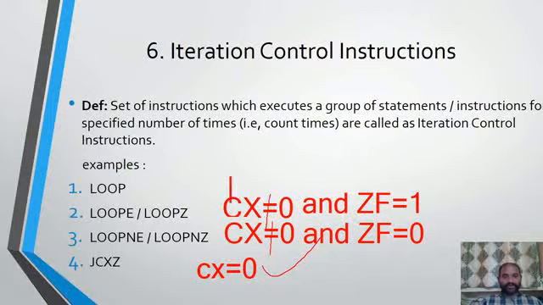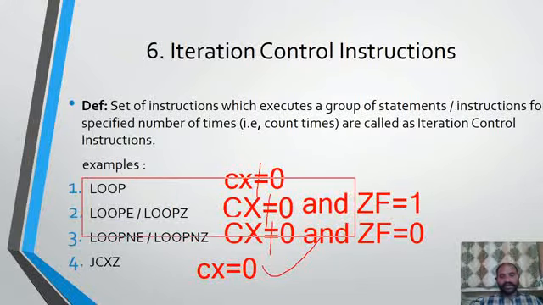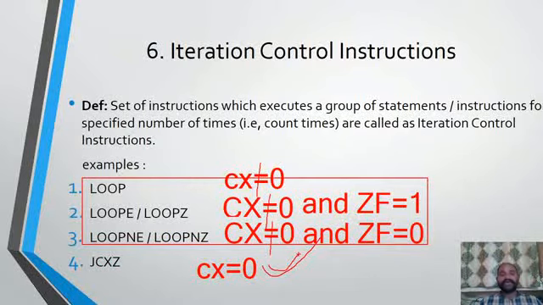So the first three instructions work based on the CX content being non-zero, but the fourth instruction jumps on 0, on the CX content being 0. Whenever the CX content is not 0, the condition is true for the remaining first three instructions.